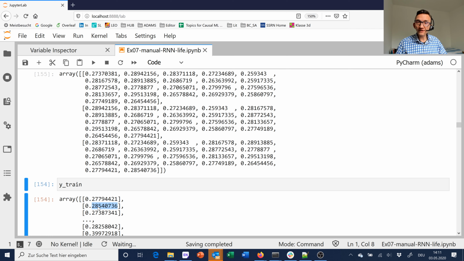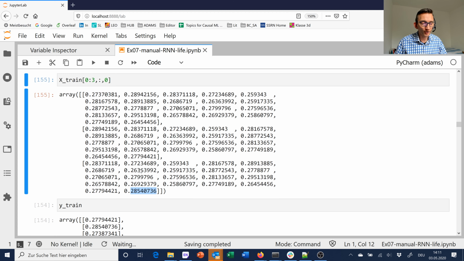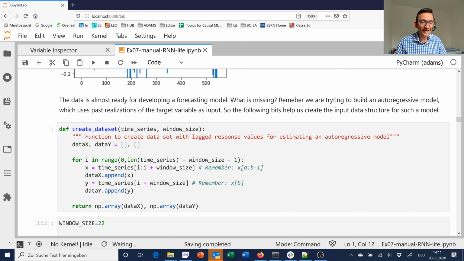And we see how this has entered the covariate vector of the third sample. First sample, second sample, third sample, and here you have this 0.285407. So that is basically the point of this function here, create data set, extracting the data to create these windows.